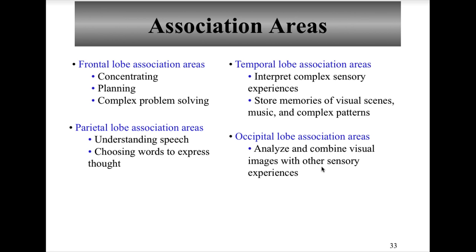A speech pathologist might look further into problems with the parietal lobe. In the temporal lobe, this is the area where you're going to interpret complex sensory experiences. You're going to store memories of visual scenes, music, and complex patterns. And then in the occipital lobe association areas, you have the ability to analyze and combine visual images with other sensory experiences.